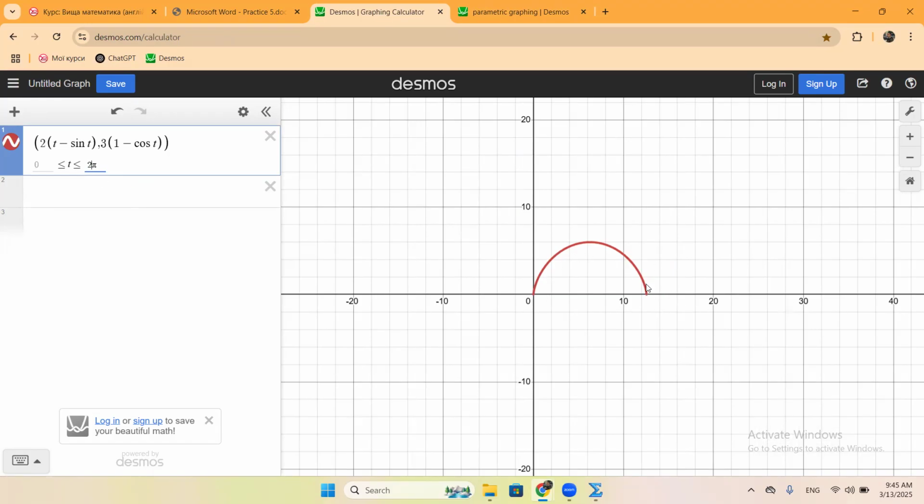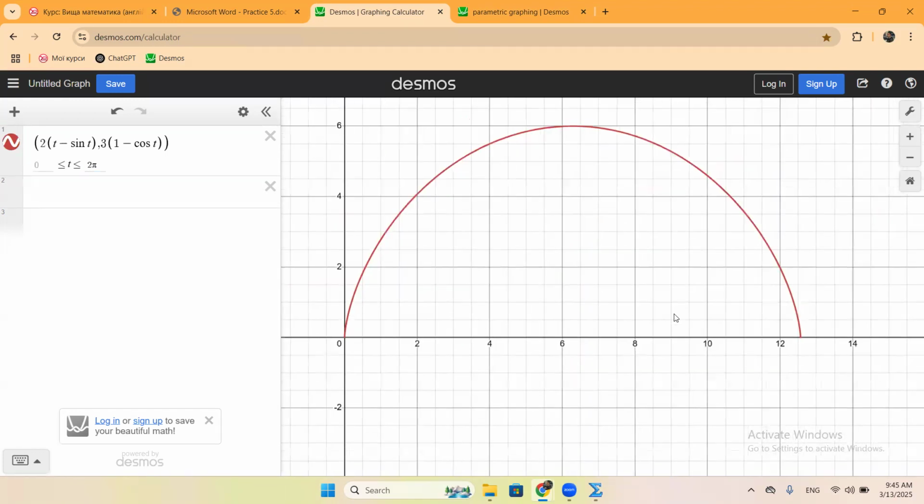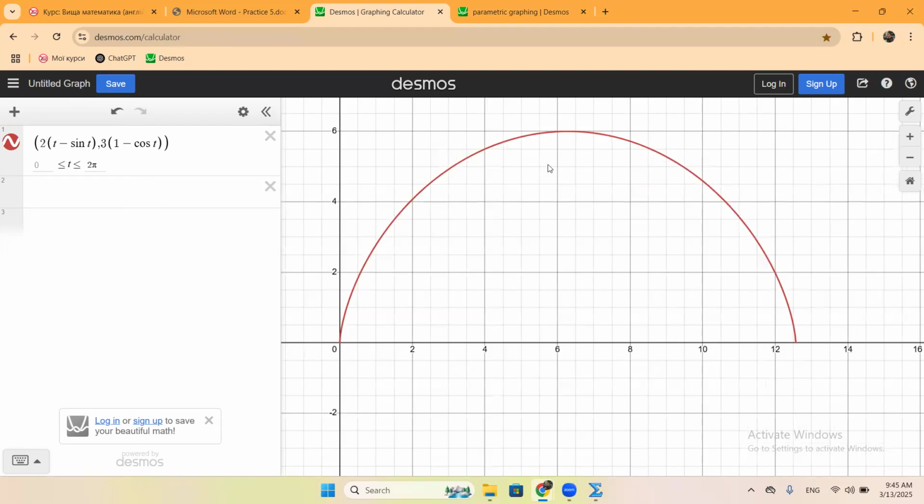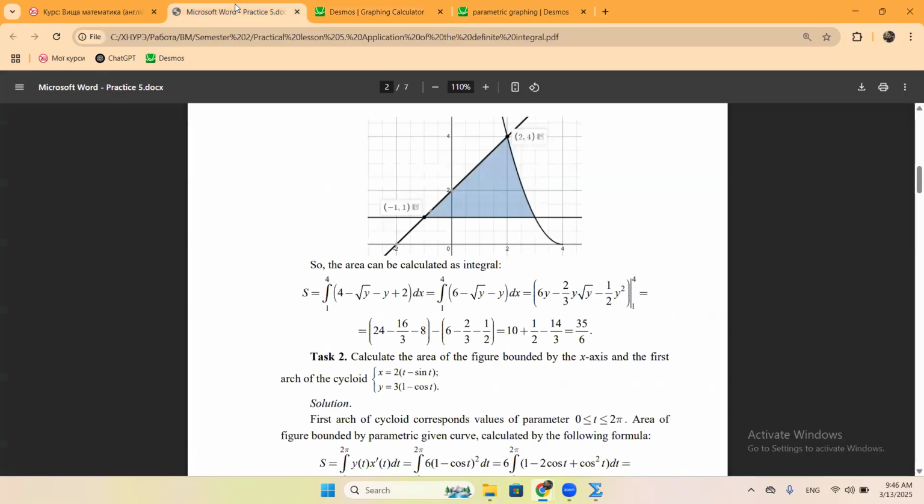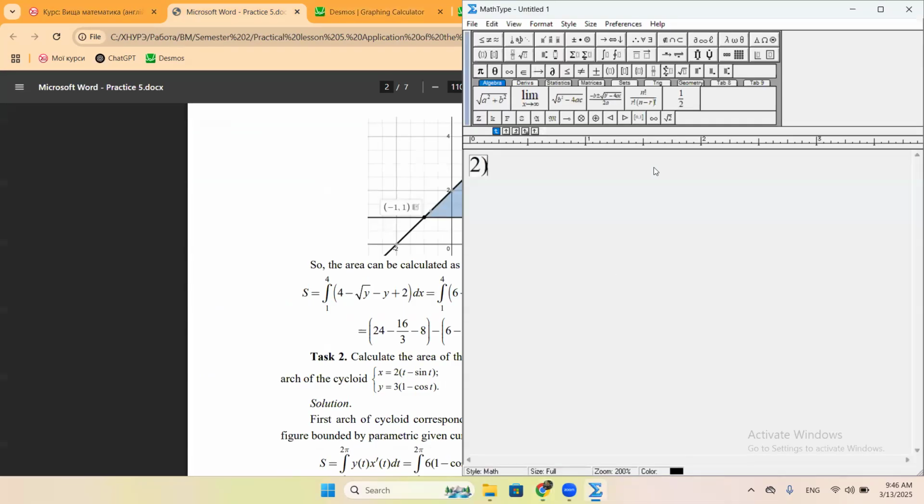So if we find the area of the first arc, so this one, we can find any such area. Okay, let's move next. Now we need to calculate the integral.